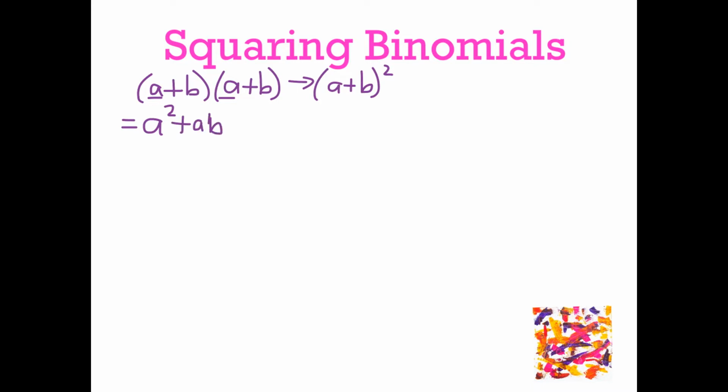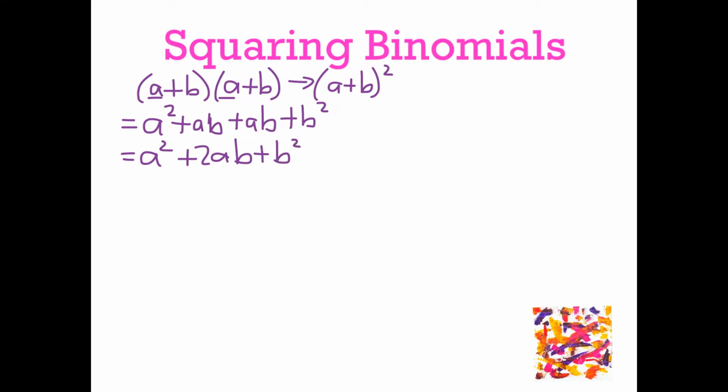Then our inner two terms, which is b times a, and you can write that as ba or ab, it doesn't matter. And finally, our last two terms is positive b times positive b, which is going to give us b squared. We collect like terms, and we end up getting a squared plus 2ab plus b squared as our answer.